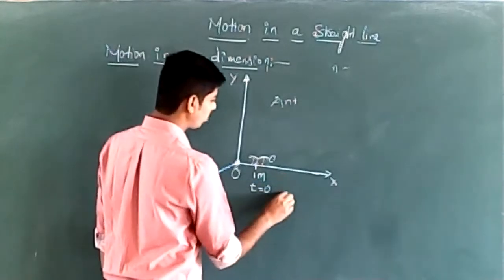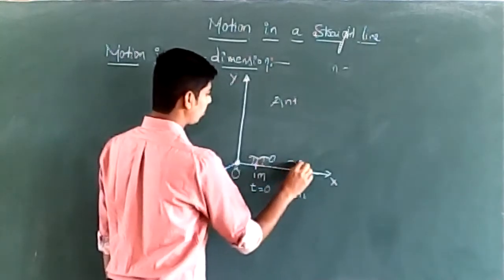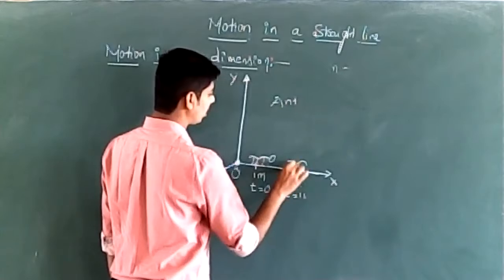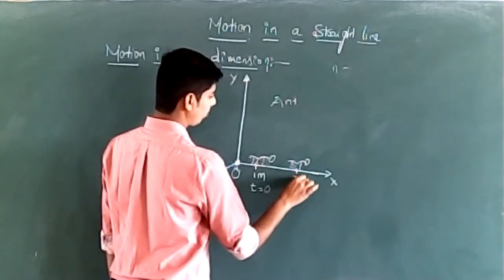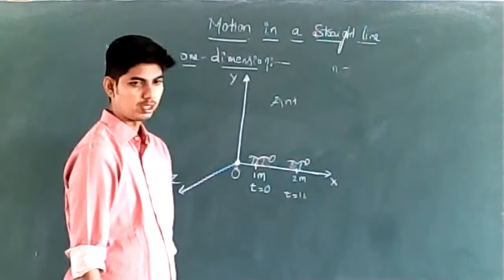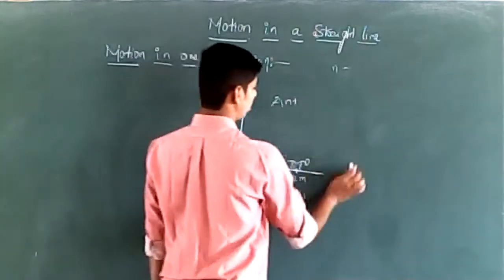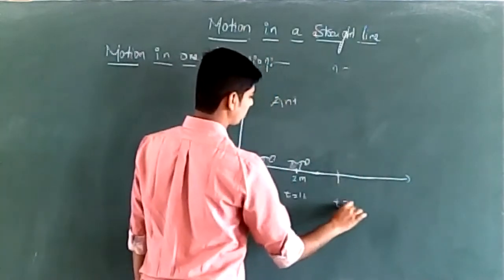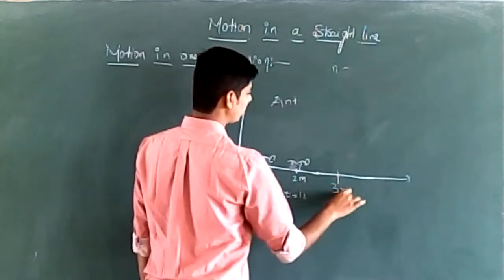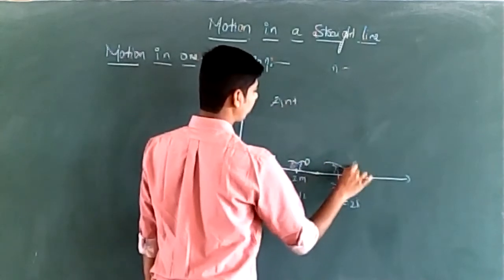At time t equals 1 second, let us suppose the ant is at a distance of 2 meters from the origin. At time t equals 2 seconds, the ant is at a position of 3 meters from the origin.